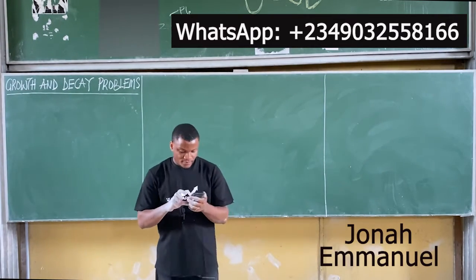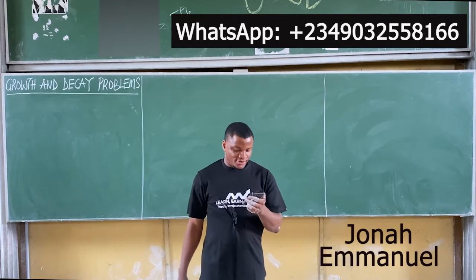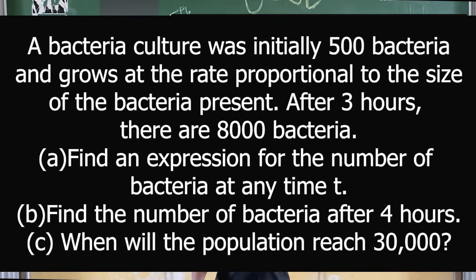Sample question one. Sample question one says a bacterial culture. That's what do you call it? A group of bacteria, right? A bacterial culture was initially 500 bacteria and grows at a rate proportional to the size of the bacteria present.